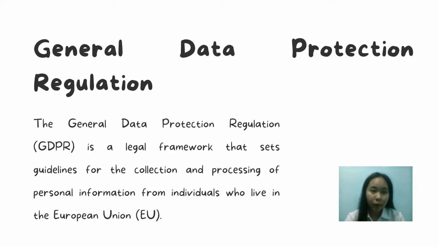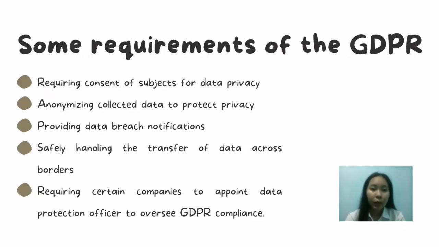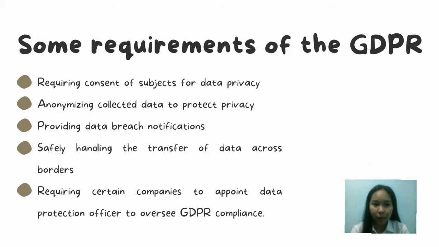Some of the requirements of GDPR include requiring consent of subjects for data privacy, anonymizing collected data to protect privacy, providing data breach notifications, safely handling the transfer of data across borders, and requiring certain companies to appoint a data protection officer to oversee GDPR compliance.